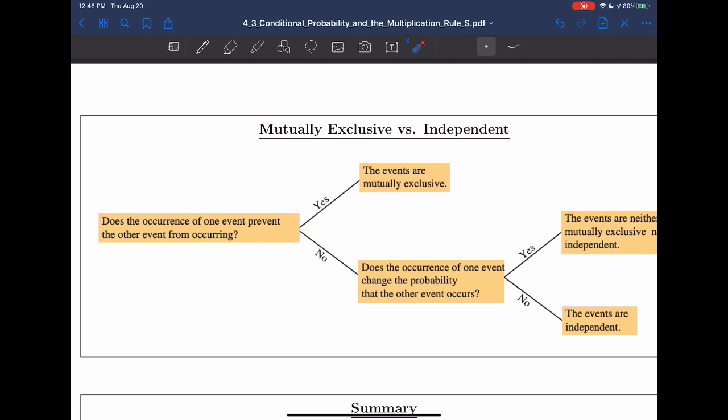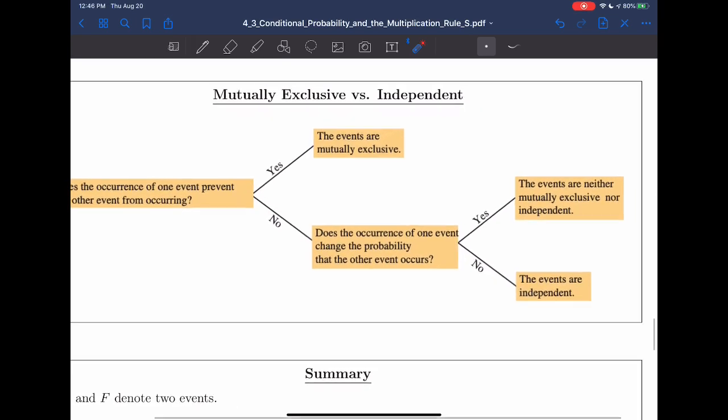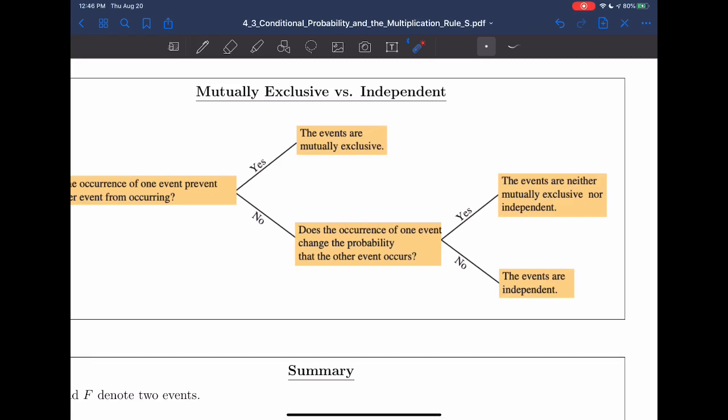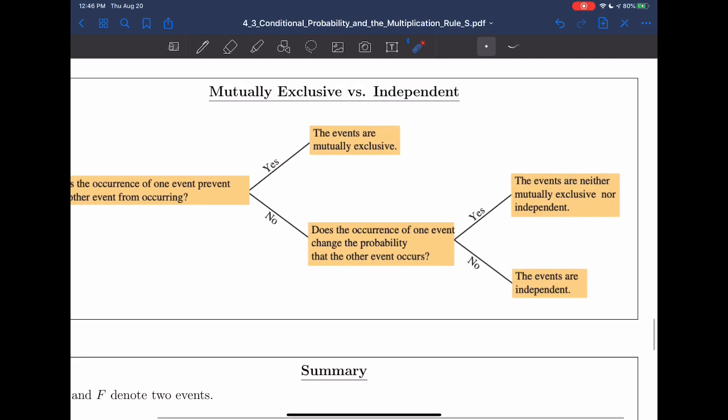But let's say the answer is no, then you want to identify whether you're independent or dependent. So then you have to ask yourself, does the occurrence of one event change the probability of the other? And if it does, then the event is neither mutually exclusive nor is it independent. But if your answer is no, then your event is independent. So hopefully this little map here kind of helps you out to identify mutually exclusive and independent events or dependent events.